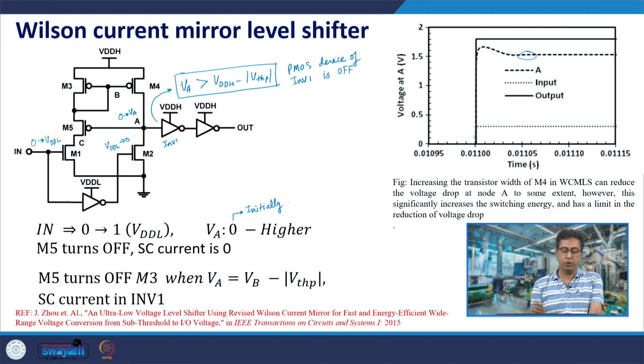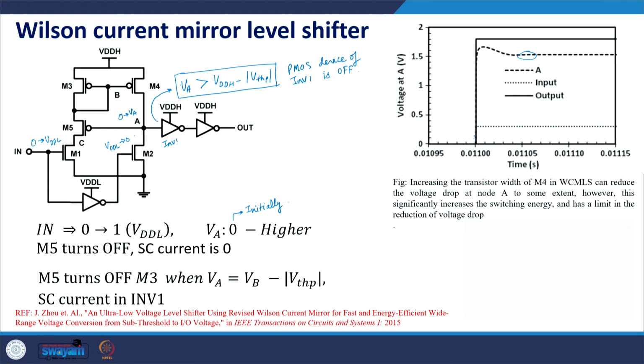If VA is greater than VDDH minus magnitude of VTHP, the P MOSFET of inverter INV1 is in the off state, so there is practically no static leakage through INV1.